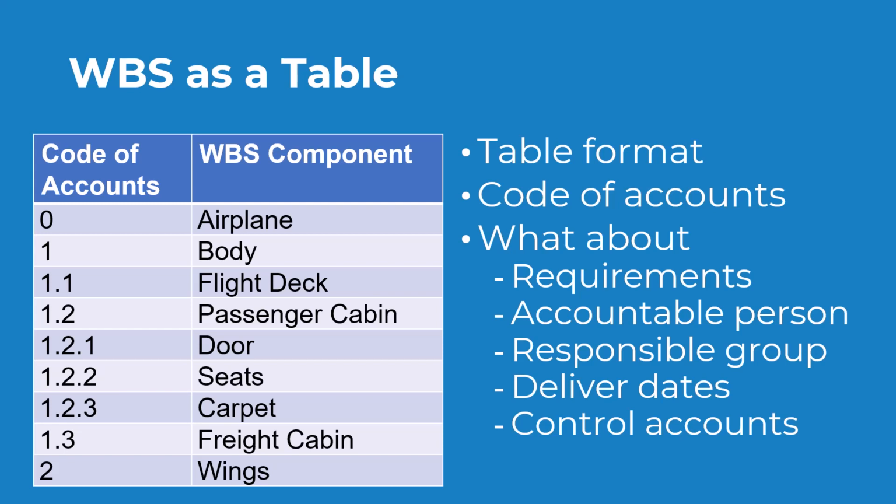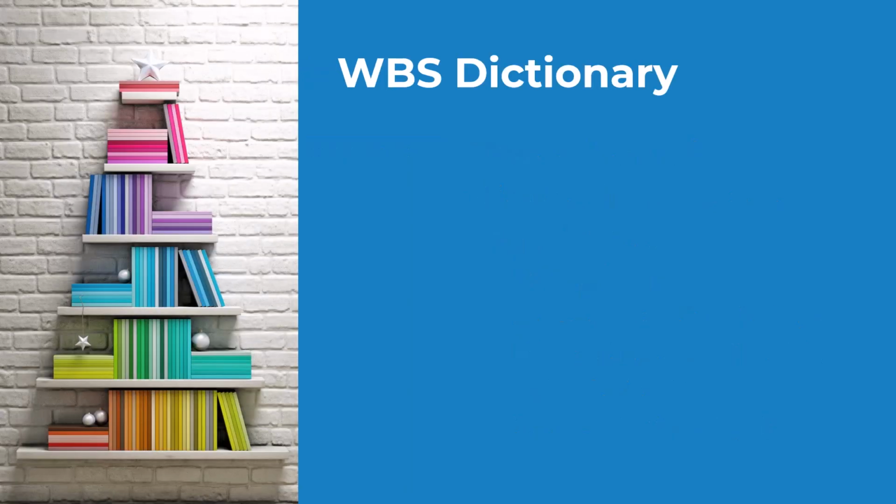And if your company has stringent accounting practices, you probably also need to have control accounts where all the cost accumulates for this or one particular work package here in our table. Well, all this data, all this detail is kept in the WBS dictionary. This WBS dictionary contains the detailed information for every single WBS component of your scope.